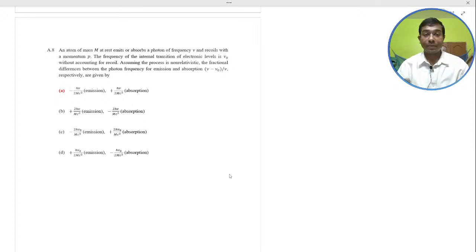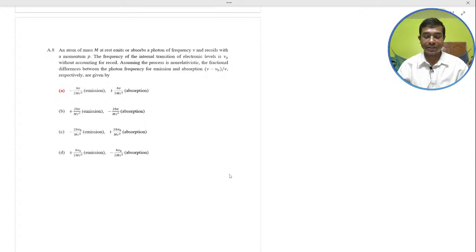Assuming the process is non-relativistic, the fractional differences between the photon frequency for emission and absorption, nu minus nu naught by nu respectively, are given by what? This is basically from the nuclear and particle physics topic.